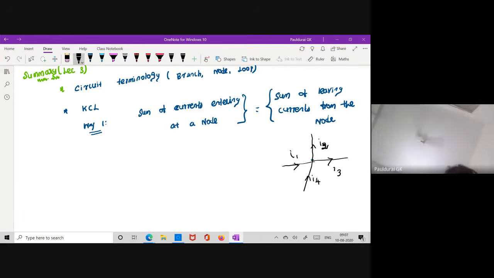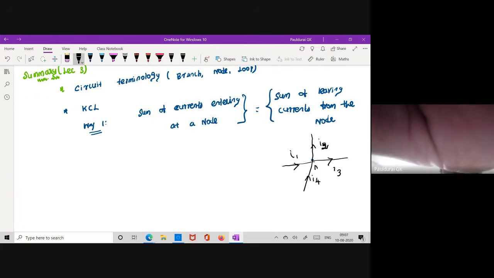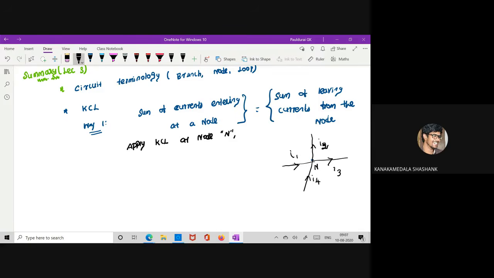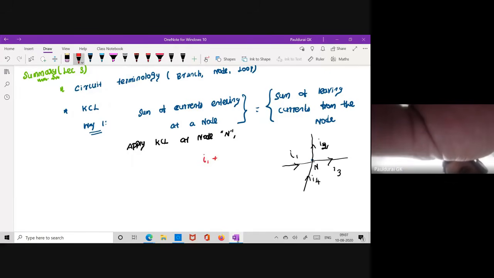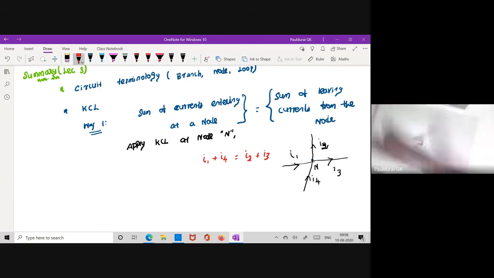Apply KCL at this node N. Can you develop the KCL equation at node N? So how many currents in total? I1 and I4 come in, so I1 plus I4 equals I2 plus I3. Very good. So this is one way.